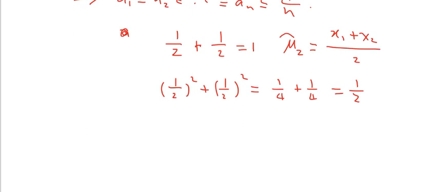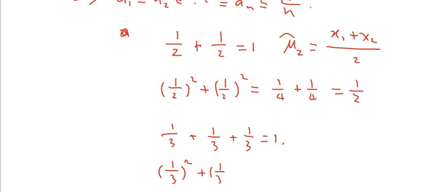How about this one: 1 over 3, 1 over 3, 1 over 3? These three numbers add up to 1, right? And their squares: this square plus this square plus this square equals 3 times 1 over 9, so 1 over 3.